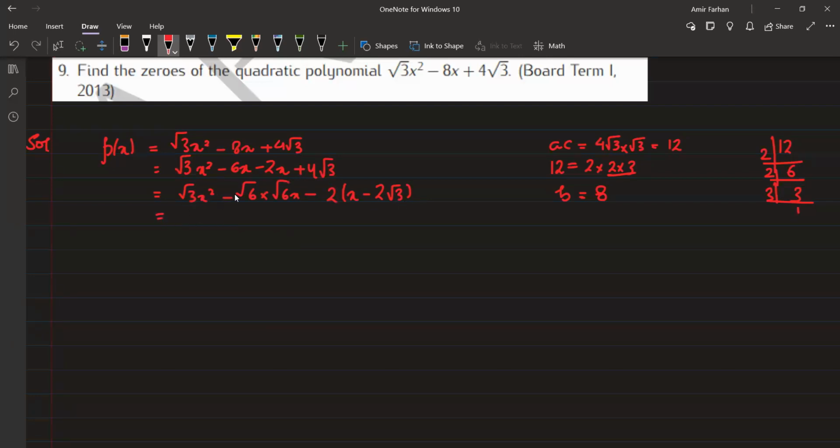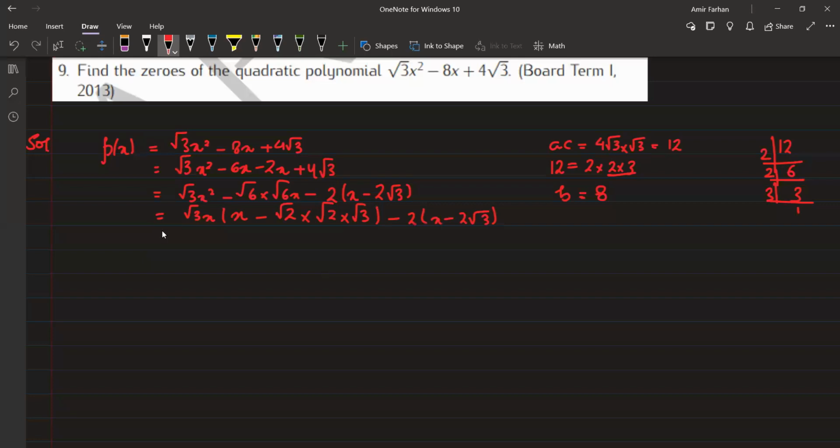Now root 3 and x can be taken common out. That is, x will be left; root 2 is left, and root 2 is also present in root 6, so root 6 can be broken as root 2 into root 3.